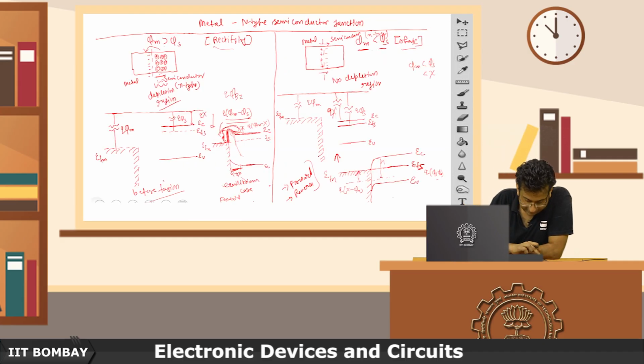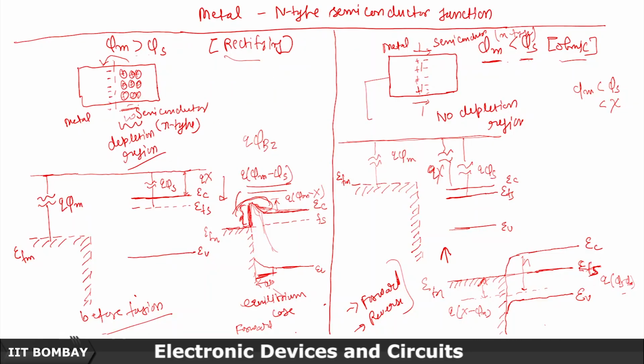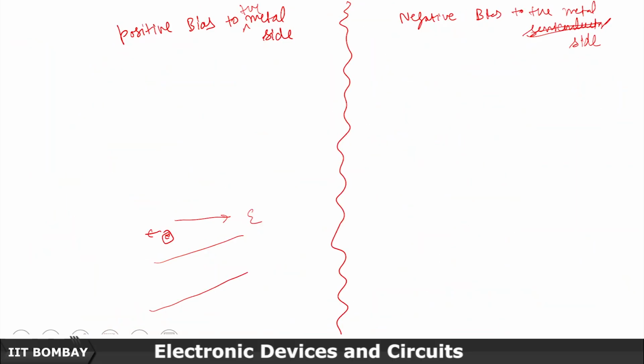So if, let's say, I apply a positive bias to this one, I'm adding on this one, so these will bend this way. So the band diagram will look something like this, right? So rather than being straight going this way, it will go this way. This is EC, this is EV, this is EFM.